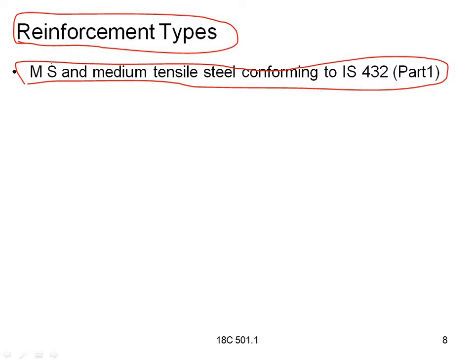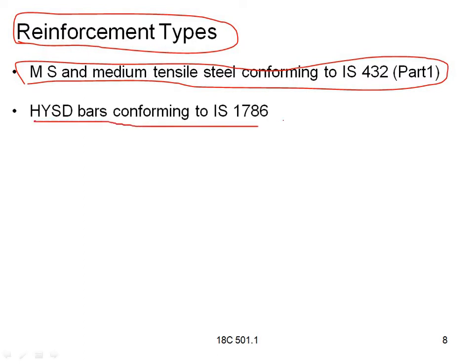What is MS here? Mild steel, and medium tensile steel conforming to IS, meaning Indian Standard. That is the code, Indian Standard code 432. The steel code book is called part 1. From that we determine the steel grades, and HYSD bars conforming to IS 1786.